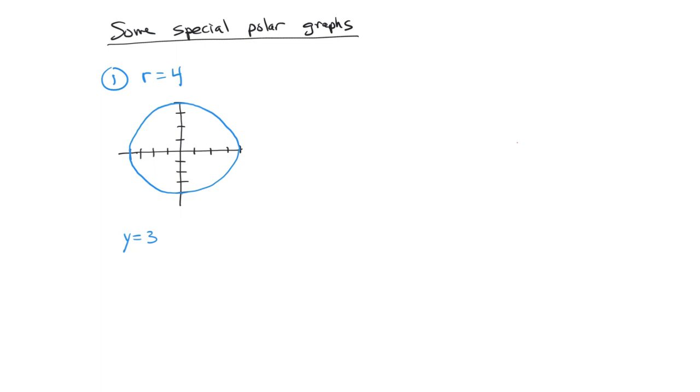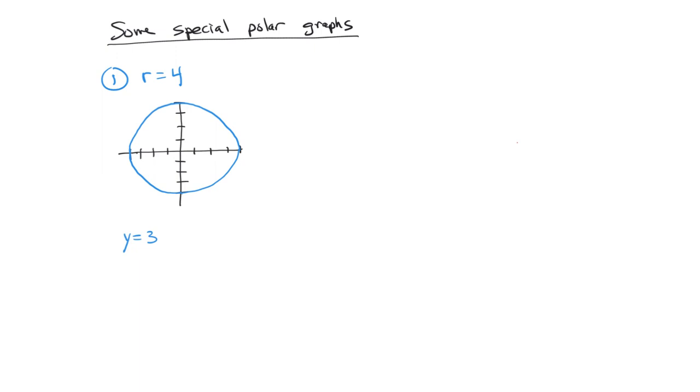So in polar mode, we don't use t anymore like we did in parametric mode. We don't use x anymore like we did in function mode. Now we use theta. So when you press the X,T,theta,n button on your TI-83 or 84 in polar mode, it's going to be theta that shows up. And when you press y equals to see your graphs, it's going to say r1 equals.